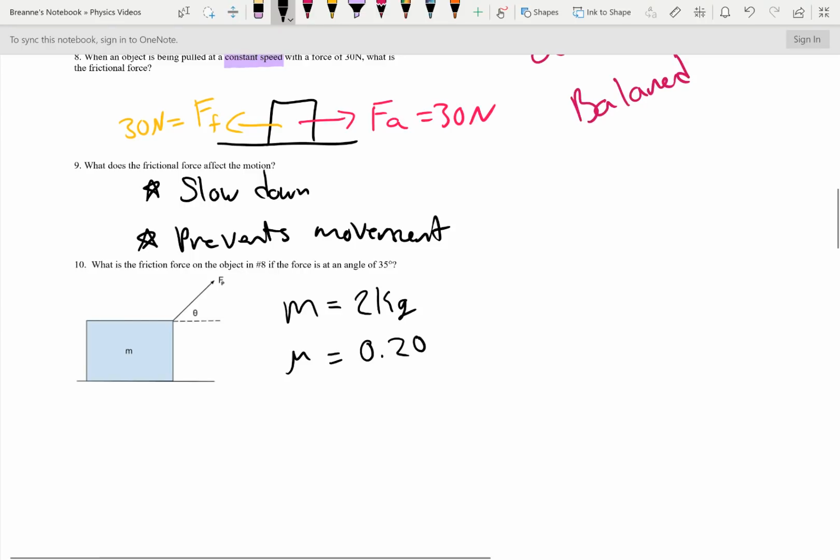So this is where the steps come into play. Step one is to draw a free body diagram. So we always have a force of gravity going straight down. We have force of normal going straight up because our surface is straight.